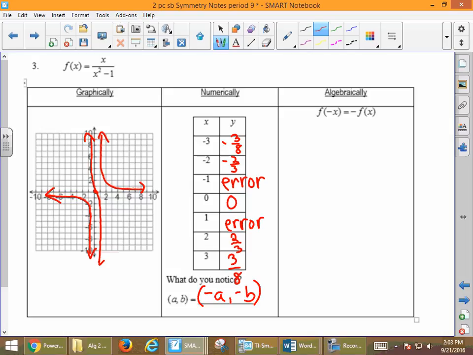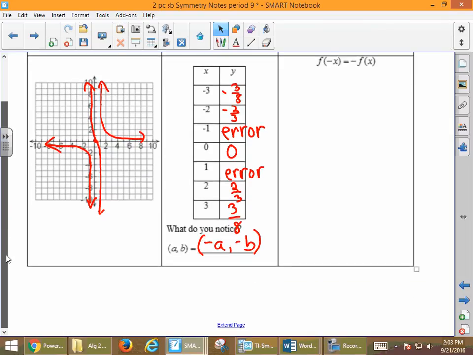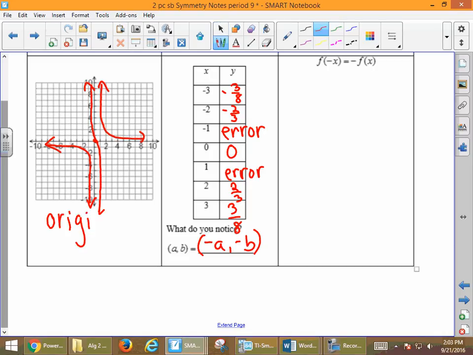So what relates those two? What does that tell us about symmetry? Well, it tells us that it's odd. It tells us that it's symmetric with respect to the origin, which means that it is an odd function.